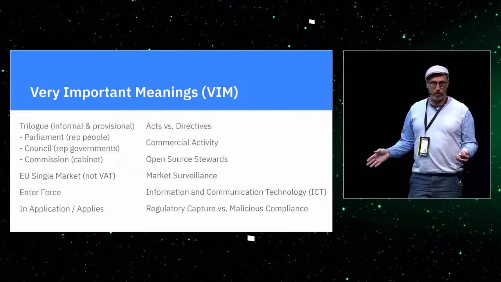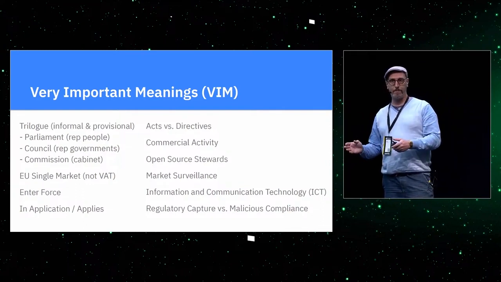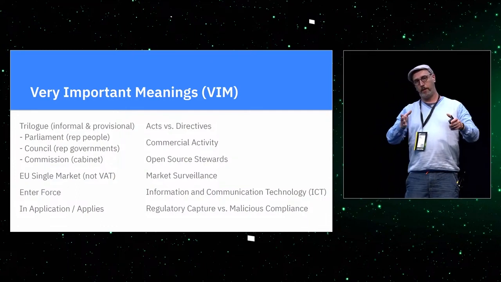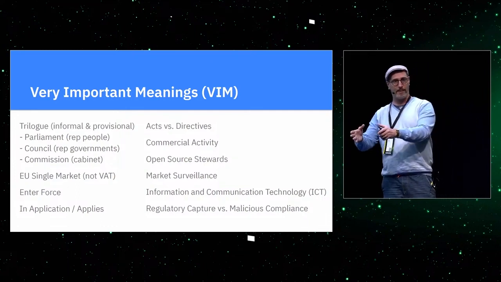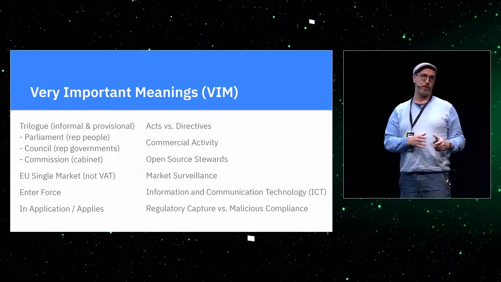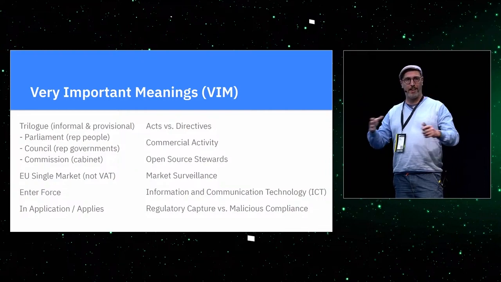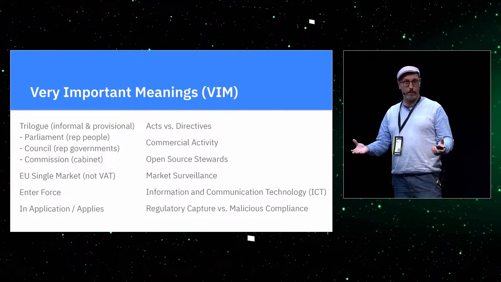And then we have the fun ones, regulatory capture versus malicious compliance. Regulatory capture happens when a for-profit entity works so closely with the government that the government cannot escape its bounds. So in Europe, the Commission is very tightly connected to the Microsoft ecosystem.